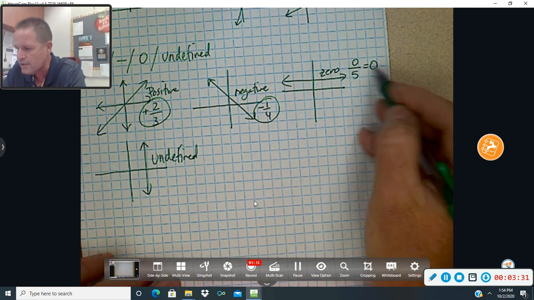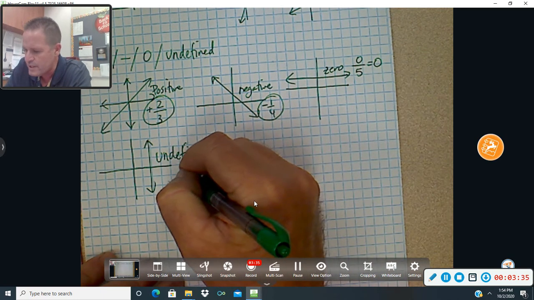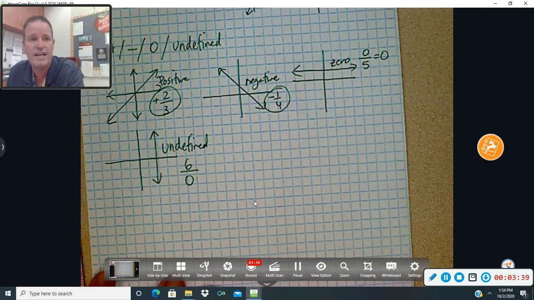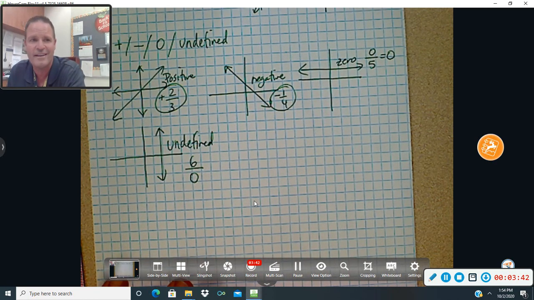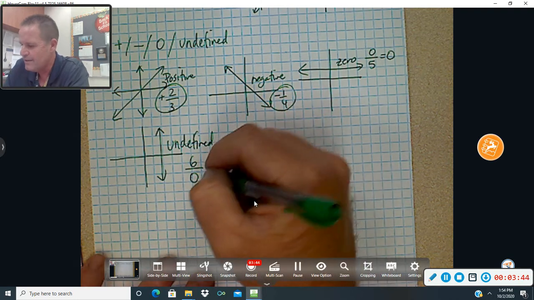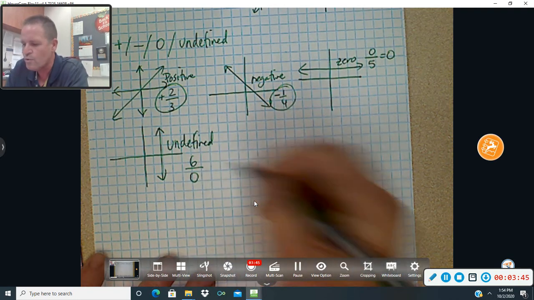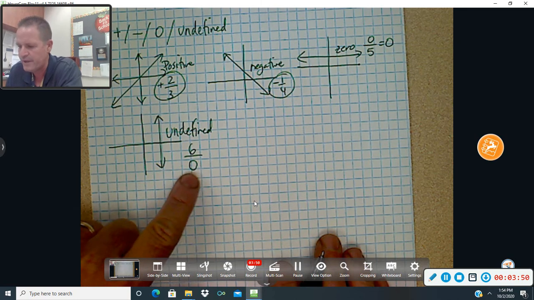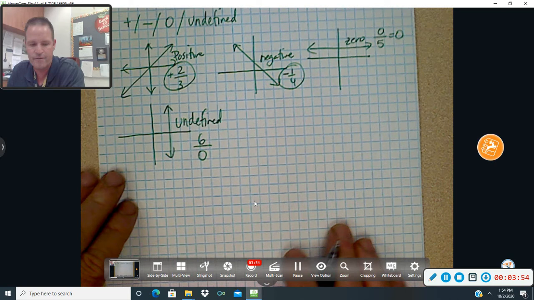So if 0 is on top, the answer is 0. But if the 0 is under, so if it's 6 over 0, it's underfined. Get it? Underfined? Okay, so this one is undefined. There's a rule in math that says you can't divide by 0. So again, if it goes up and down, or the 0 is under, it's undefined.